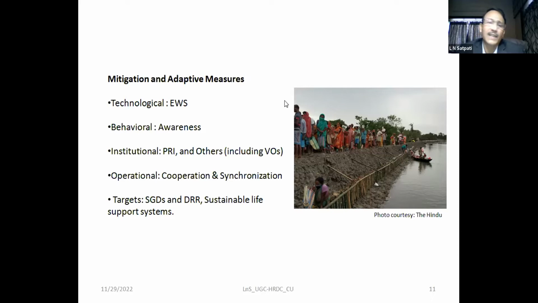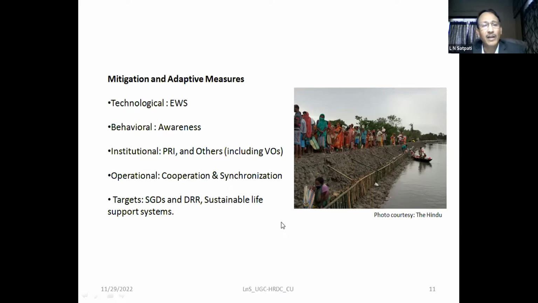So again, there are some people who overrule the others. Sometimes it is found that the district magistrates, the block development officers, the police officers have very positive and active roles to play, but the Panchayati Raj institutions, which should be the participatory organizations, are lacking in managing the risks and disasters, the hazards.